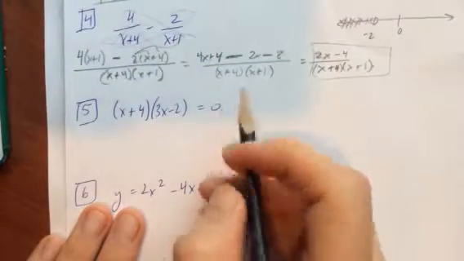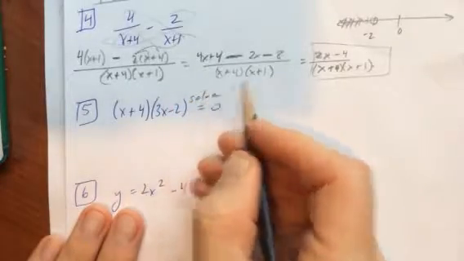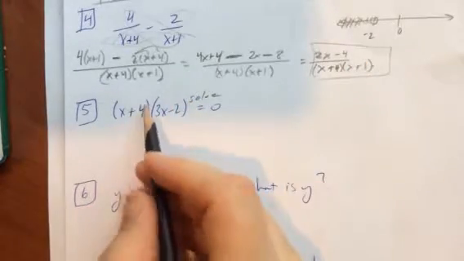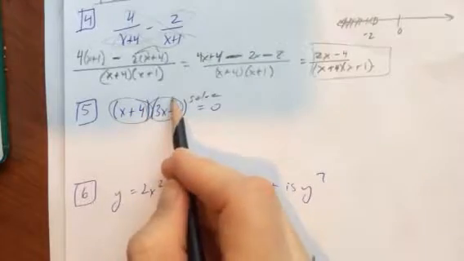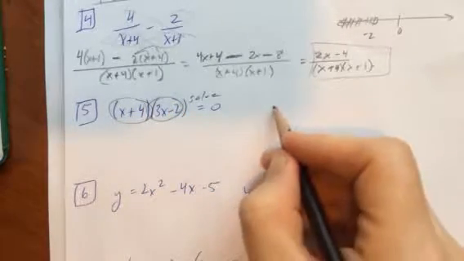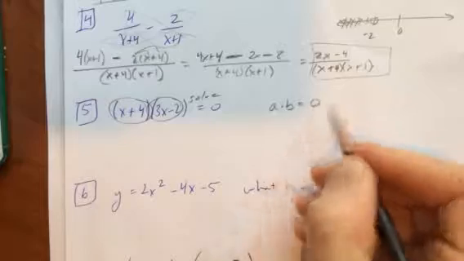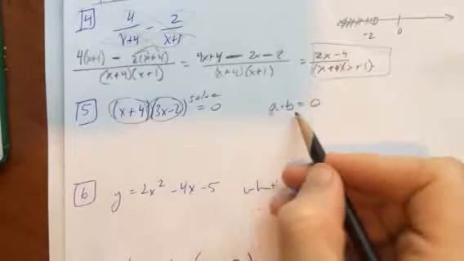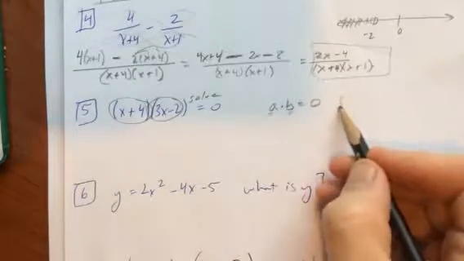This problem, I put equals 0 because the directions said solve, so I think you have to do that. So that means either this is 0 or this is 0. And the reason why is because if you have two things multiplied together equal to 0, one of the factors must be 0.